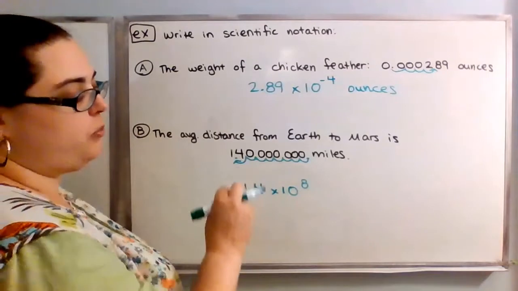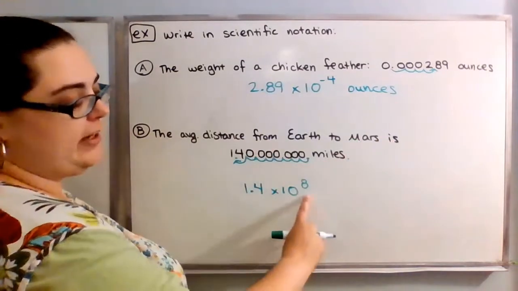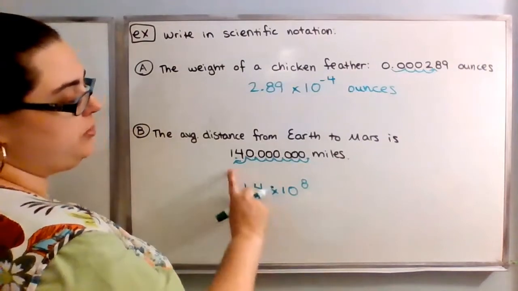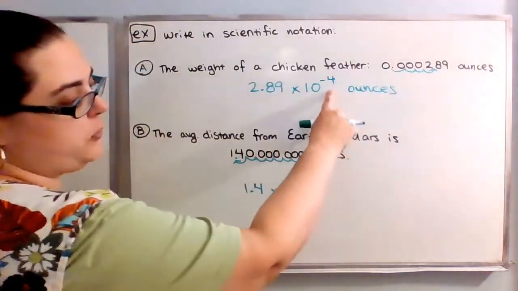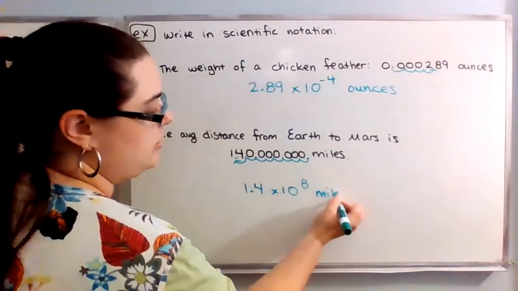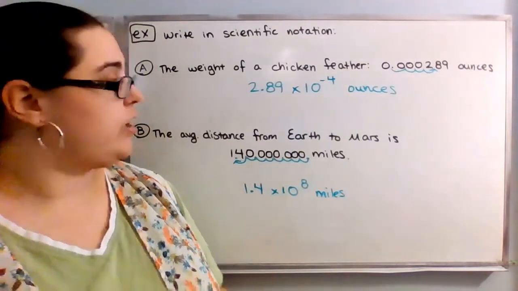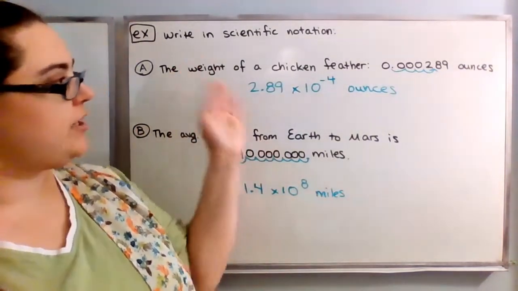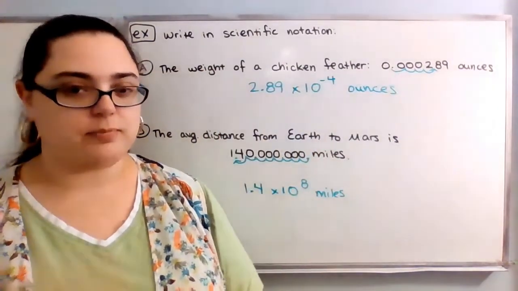If this had been 0.000000 whatever 14, then this would have been a -8. So big numbers, positive exponents, tiny numbers, negative exponents. And then this was in terms of miles. So there we go. That's how you can go from standard notation, just normal looking numbers, into scientific notation.